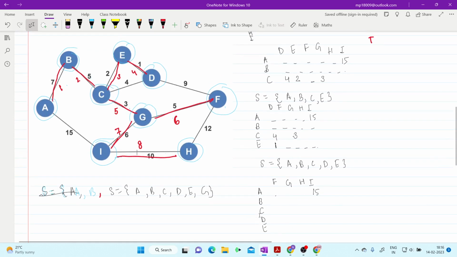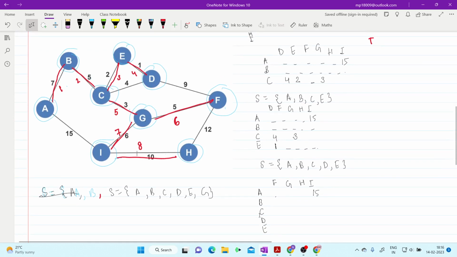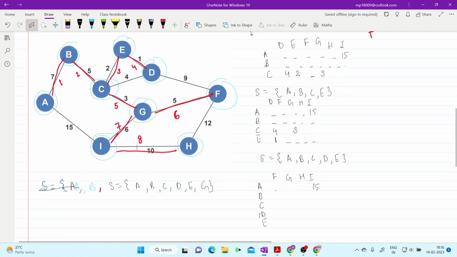You might not get the same minimal spanning tree, but if you calculate the weights, they will come out to be the same. Okay, ma'am. Which algorithm is efficient, ma'am?